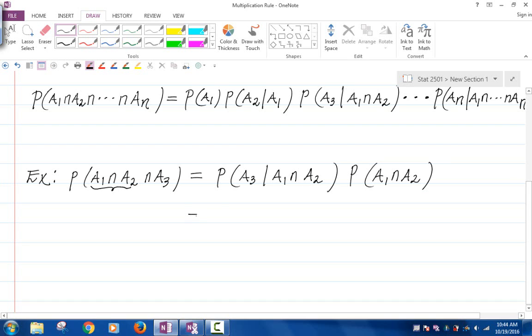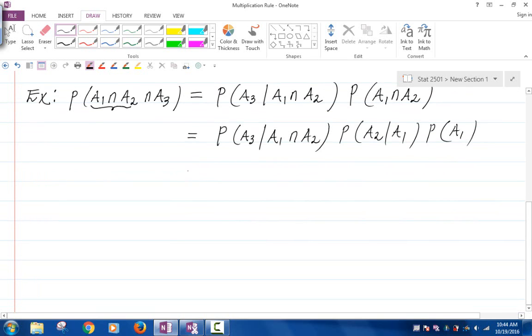And then you apply it again, you get the probability of A2 given A1 times the probability of A1, right? And then all I did is I wrote them in the opposite order.